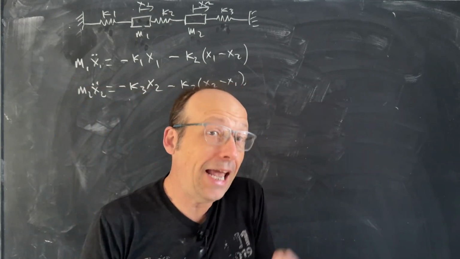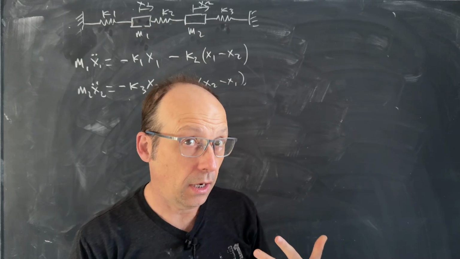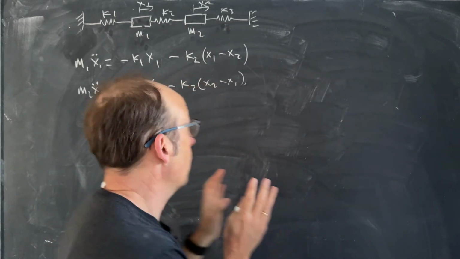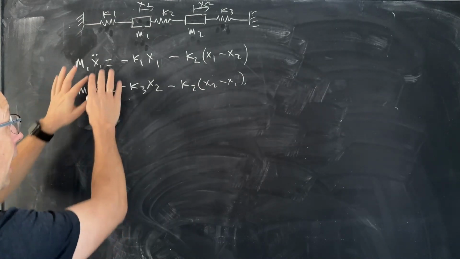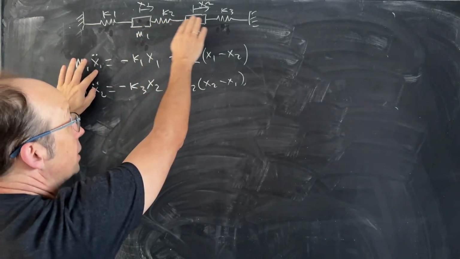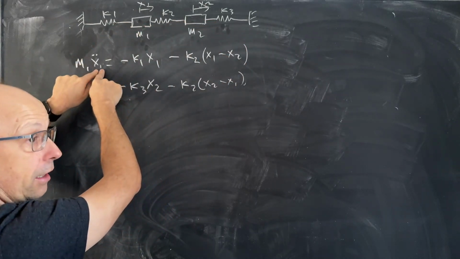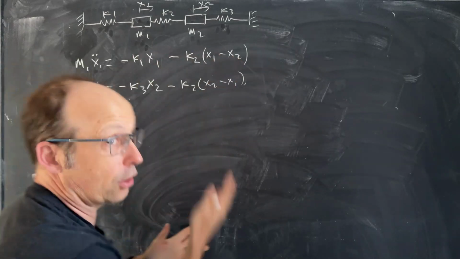Now, let's take a moment and model this for some random situation of masses and springs in numerical calculations. If I know the position of all these masses and their initial velocities, then I can calculate the acceleration for mass 1 and the acceleration for mass 2. It's just an equation.